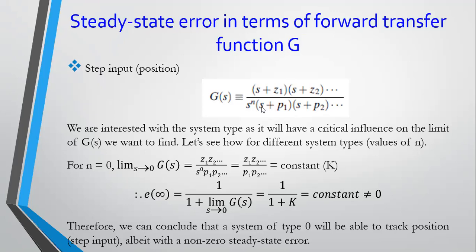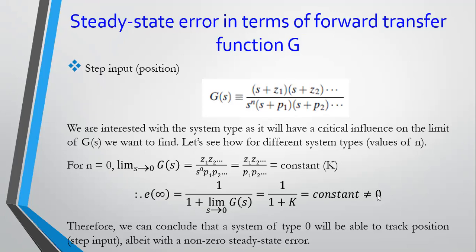And then here, because s is 0, we get p1 and p2. So this is not equal to 0, it means we get a constant. So when this limit is a constant, we replace it in our equation for the steady state error and get 1 over 1 plus k, where k is a constant, meaning non-zero.